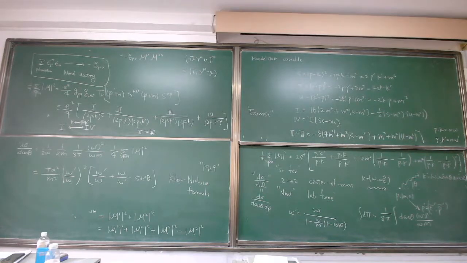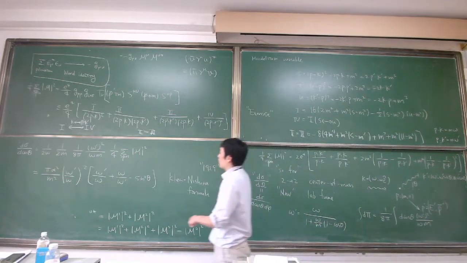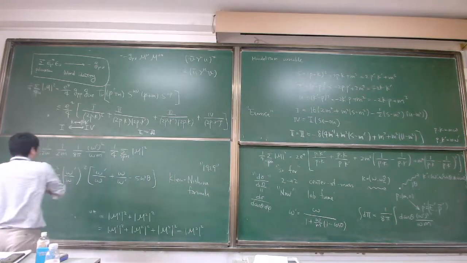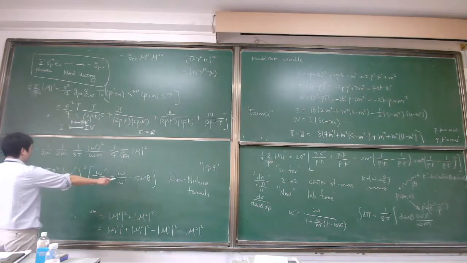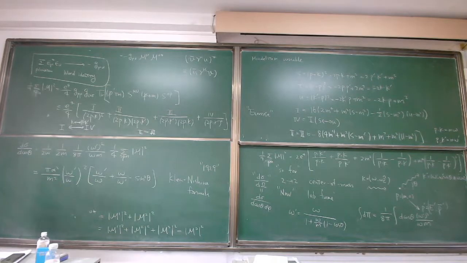The electron doesn't move, so when z equals 0 the photon just goes straight. So this is 1, and this is 1, and this becomes 2. It's a super easy formula.